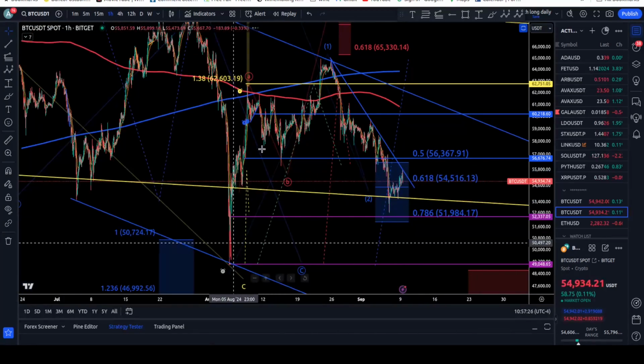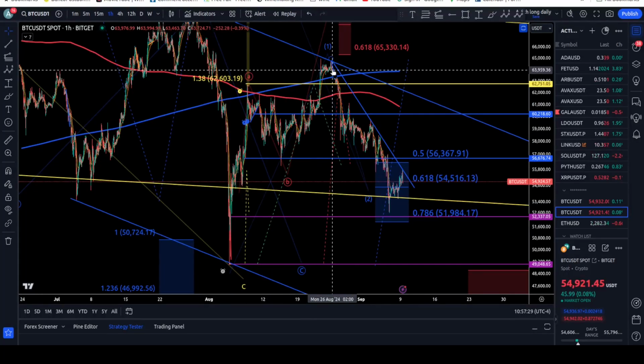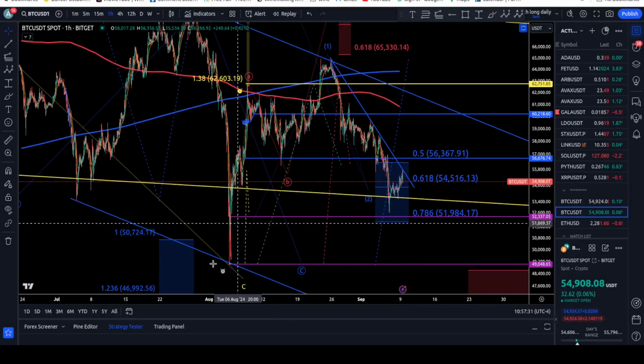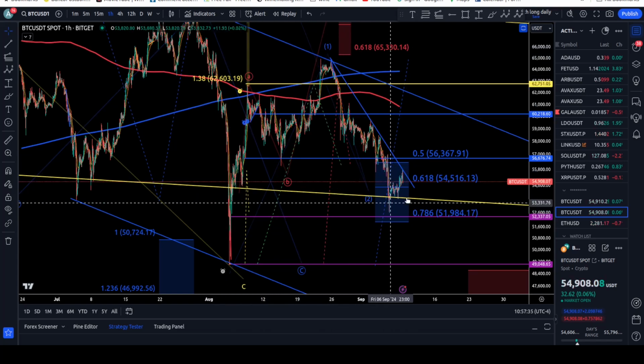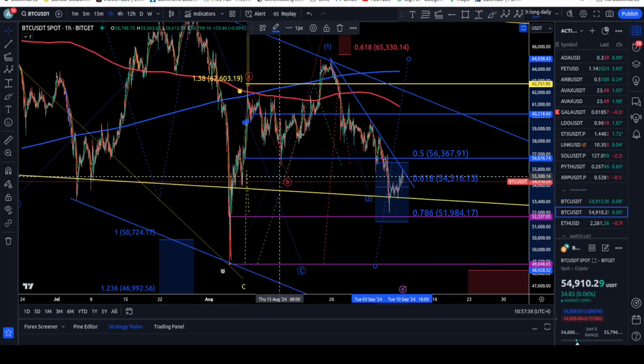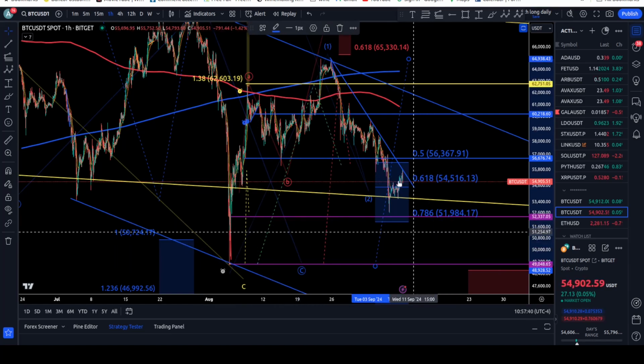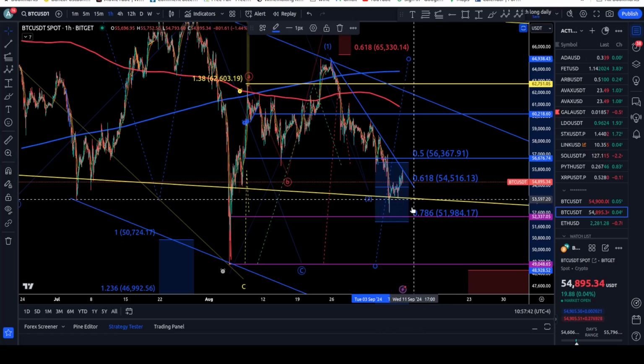Now we still have this potential more bullish count, that this could be already an A, B, C for the wave 1, and this is a wave 2. This is the fib of this movement here, and let's see now how it is going to play out.